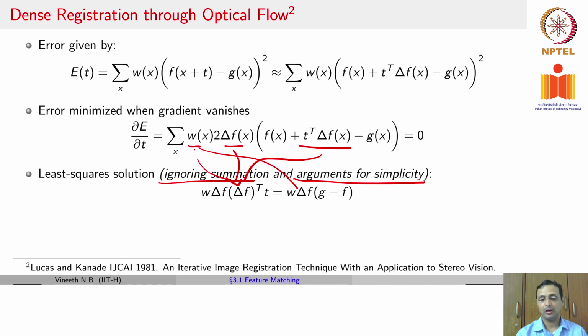Similarly, w into delta f into g minus f if you take it to the other side. The 2 doesn't matter here because we are anyway equating it to 0 and trying to solve for this. So by doing this, you can solve for t and be able to figure out the displacement between these two signals.